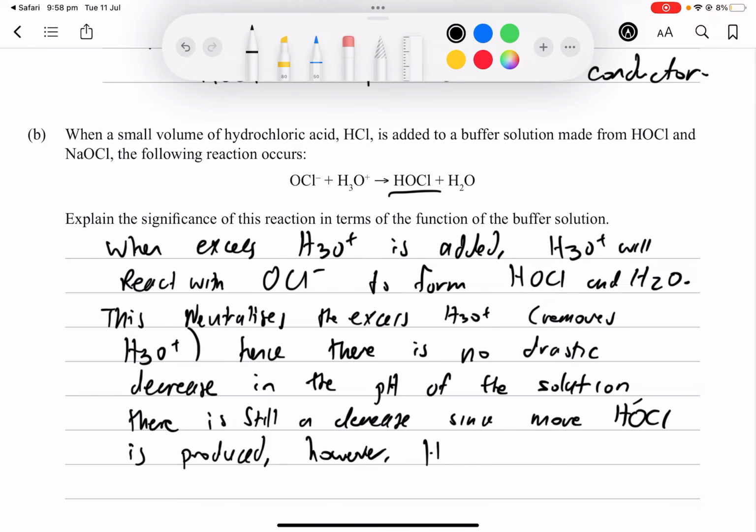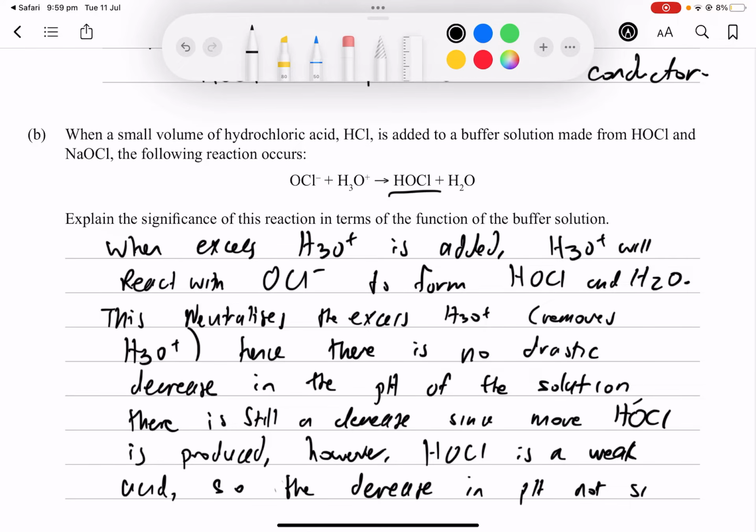So the decrease in pH is not significant.